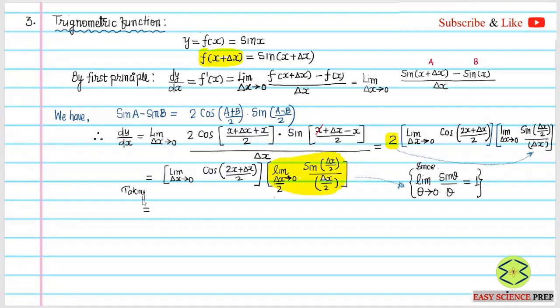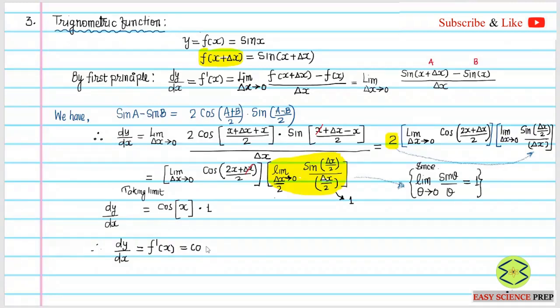Taking the limit here, I end up getting dy by dx equals cos of, now delta x is 0, so 2x by 2, it is only x, so cos x, times this value, which will be equal to 1, that format if you see. So hence you will get dy by dx or f dash of x equals cos x.